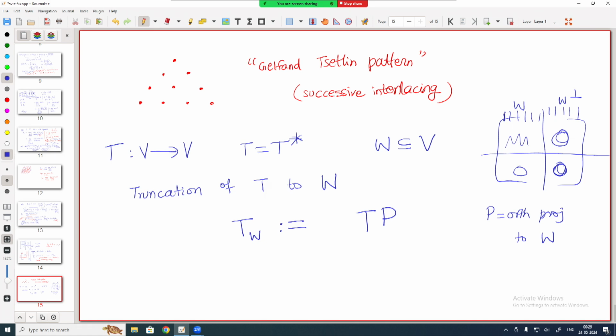On these, I apply my operator T, except that I will also get some non-zero entries below here. This portion also will give me something non-zero. When I apply T to a vector of W, I get some answer in W and some answer in W perp, but I do not want the part in W perp. So what do I do?